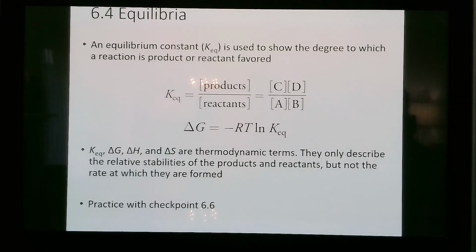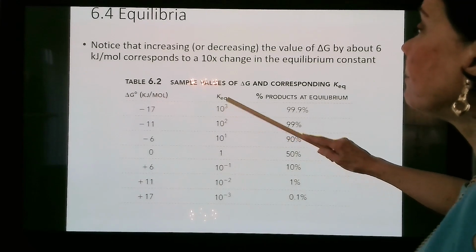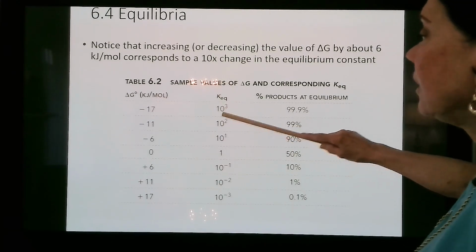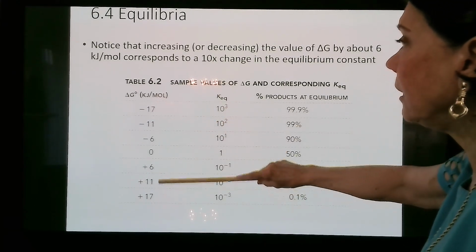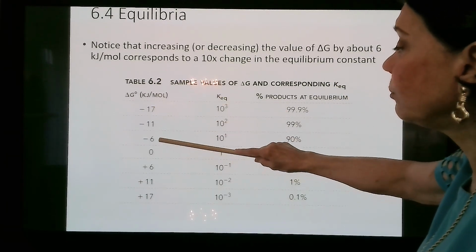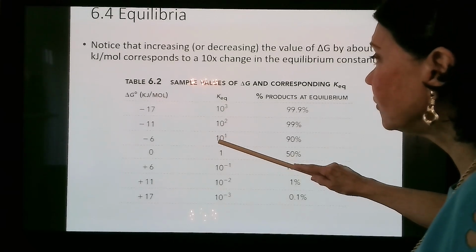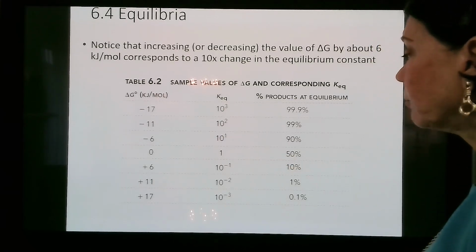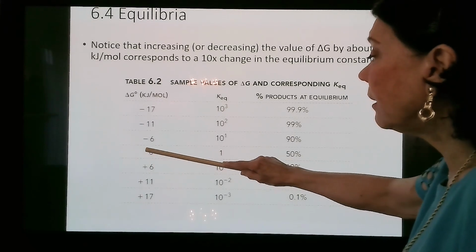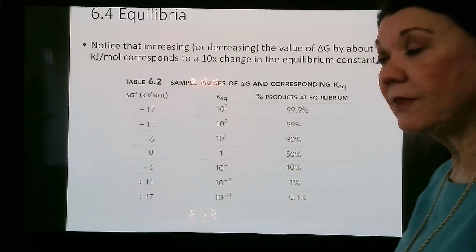Okay, so notice that increasing or decreasing the value of delta G by about 6 kilojoules per mole corresponds to a 10 times change in the equilibrium constant. So if the equilibrium constant is 1, think about what that means.